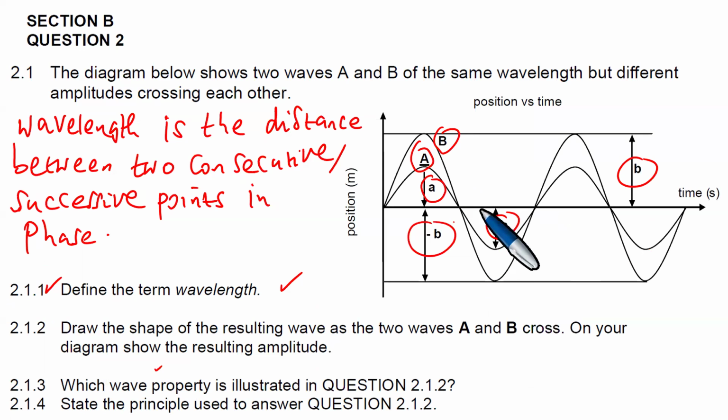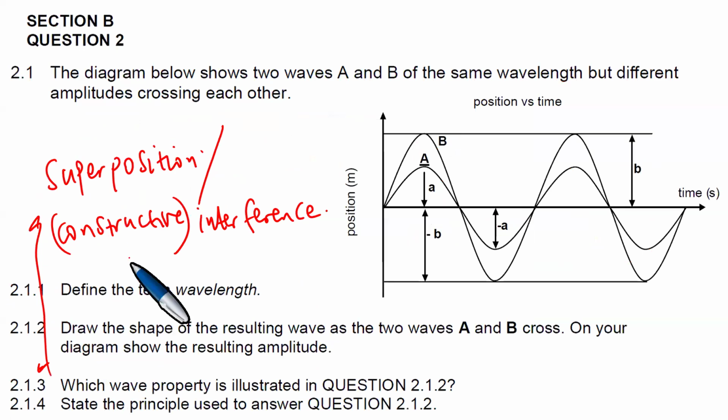So we have what you call constructive interference. Superposition means that you add the amplitudes A and B, so you're going to have a new amplitude, A plus B. That is the wave property.